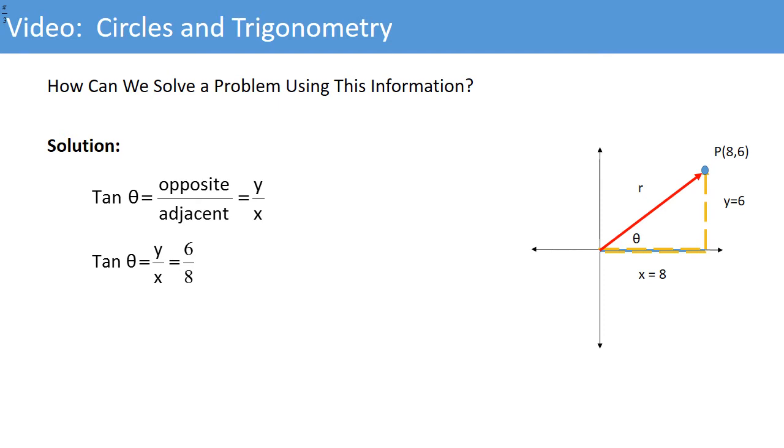Tan theta is equal to 6 divided by 8, which on our calculator, we would use second function, tan, bracket, 6 divided by 8, bracket, and we could get the answer 39.9 degrees rounded to 1 decimal. You should check to make sure that I'm correct.